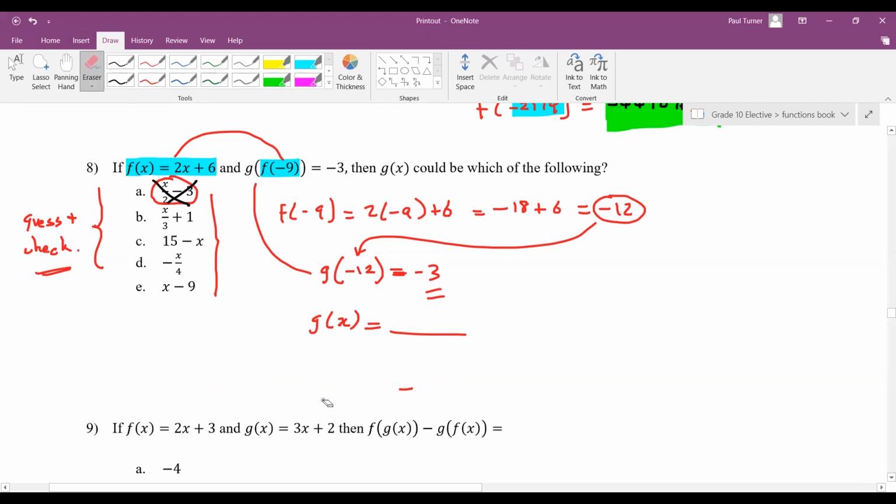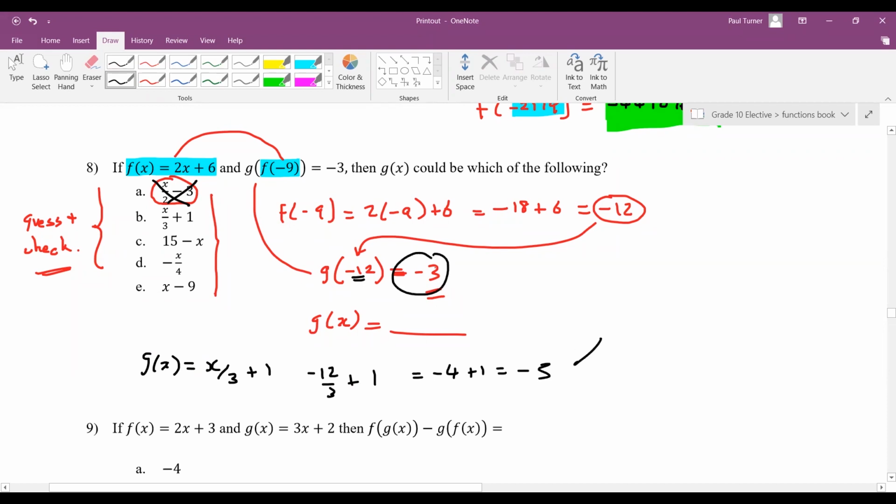You can probably do it in your head and see which one it is anyway. But if g(x) was x/3 + 1, and your x value is -12, we put it in here. You get -4 + 1, which is -3, which is correct. We got -3 here. So B is your answer for that one.